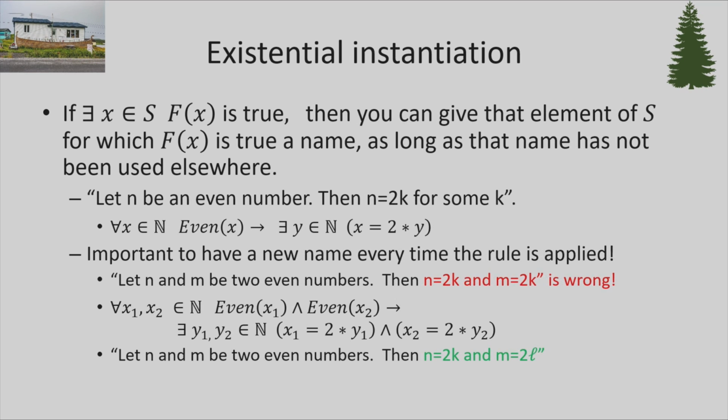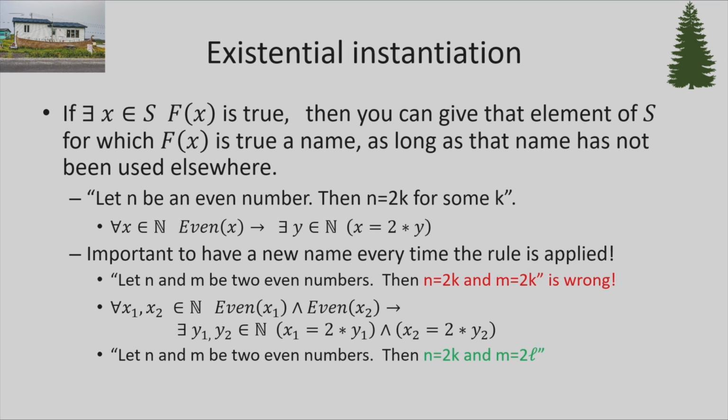But you can give it a name. And once you give it a name, you could say, well, there is this thing, let me call it k, and I could say something about that k. Maybe I can figure out if it's odd or even. Maybe I could figure out something else. So here is a very typical example.